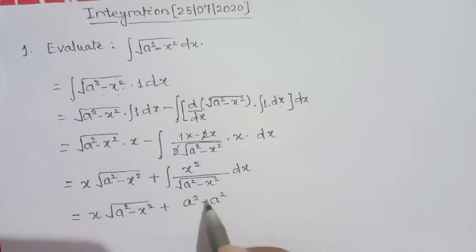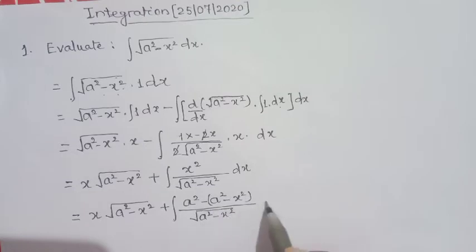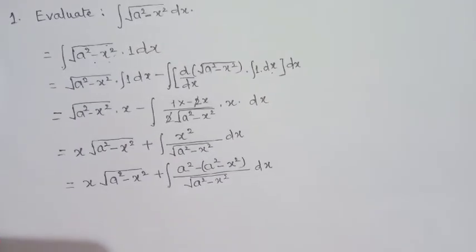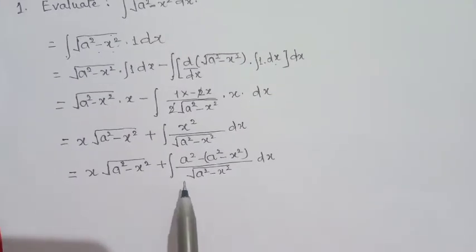So minus should be taken as common, minus x square. Just add and subtract a square and write a square minus x square in a bracket. Now separate it into two integrals.